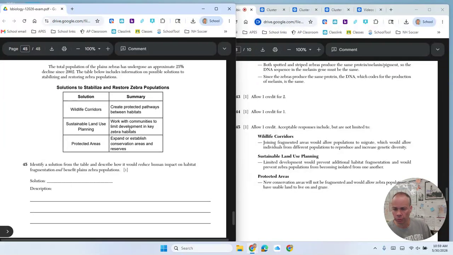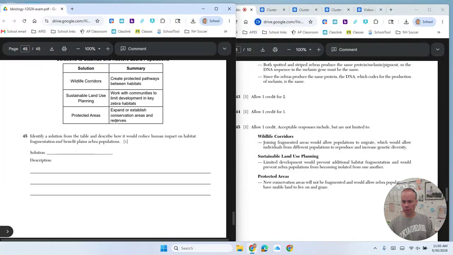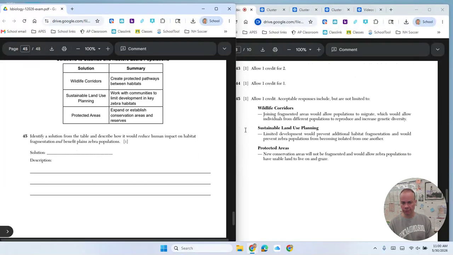You choose whatever one you want, identify the solution, and describe how it would reduce human impact on habitat fragmentation and benefit the plains zebra population. Again, pay attention to the italicized words, reduce human impacts, and then describe how it would help habitat fragmentation and benefit zebras. So depending on which one you chose, you would have different answers.